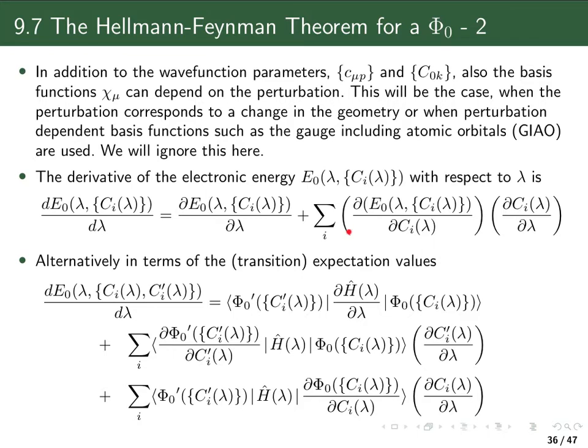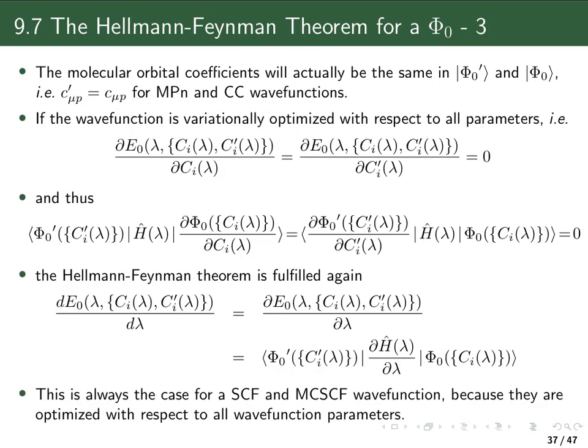And the indirect derivatives which we have here are the two terms where we have the derivative of the wave function with respect to the coefficients times the derivative of the coefficients with respect to the parameter lambda, both in the bra and in the ket. So let's look now at what happens for the different kinds of wave functions.